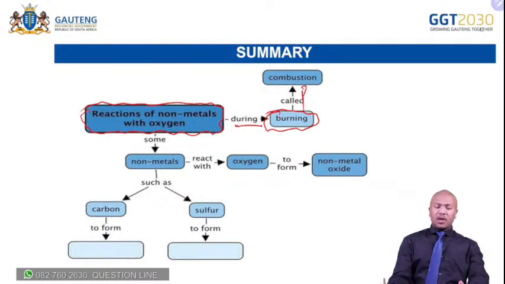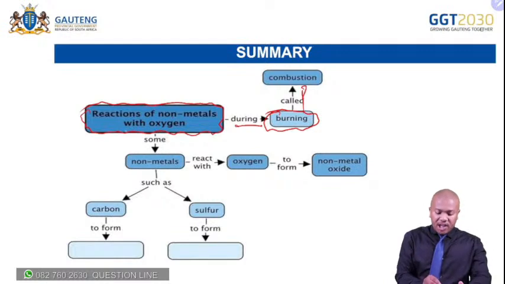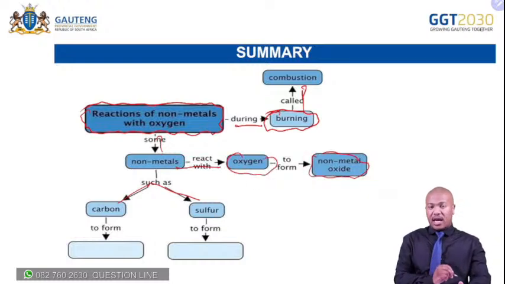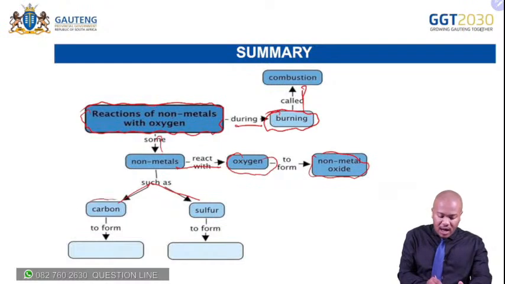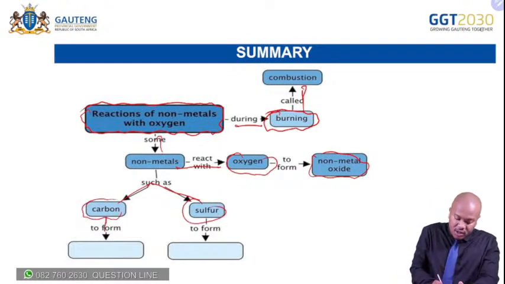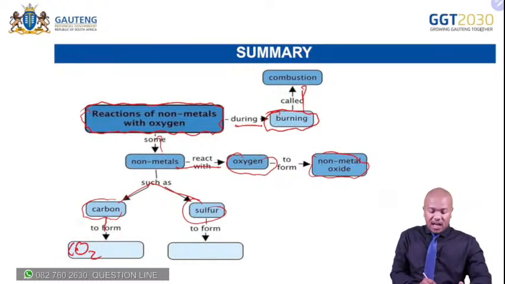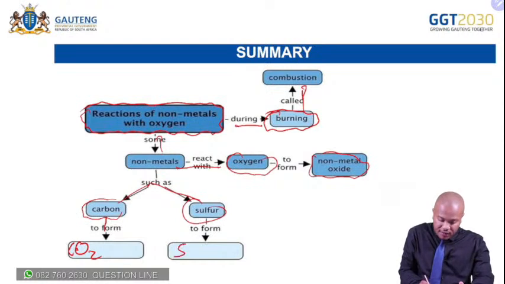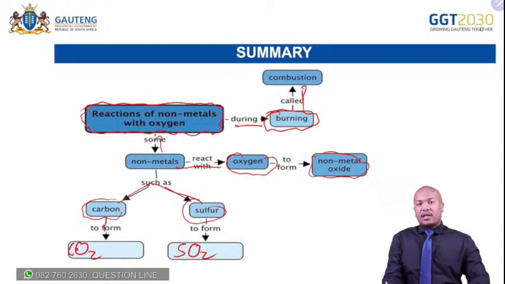In the reaction of nonmetals with oxygen, some nonmetals such as carbon and sulfur react with oxygen to form a non-metal oxide. Carbon forms carbon dioxide, and sulfur forms sulfur dioxide.